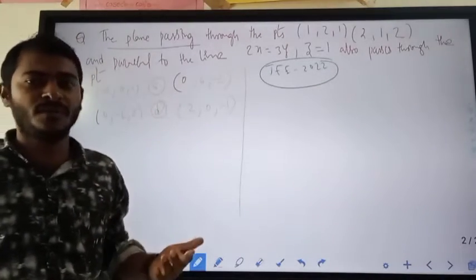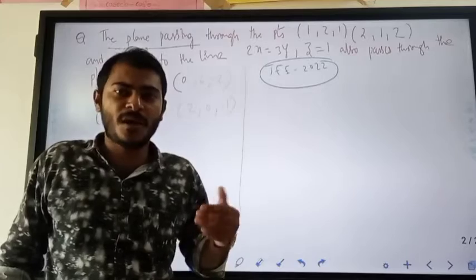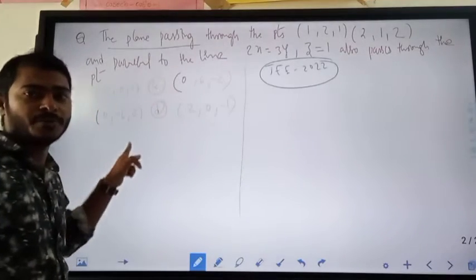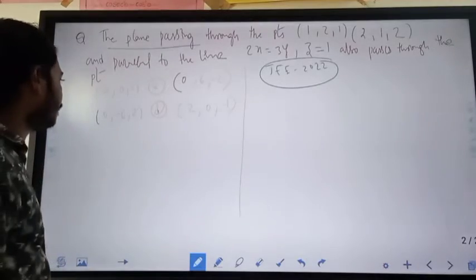Which point does the required plane pass through? We have to find it among the four options.